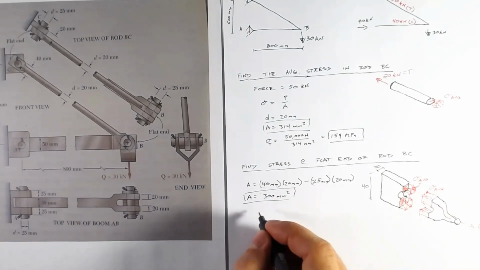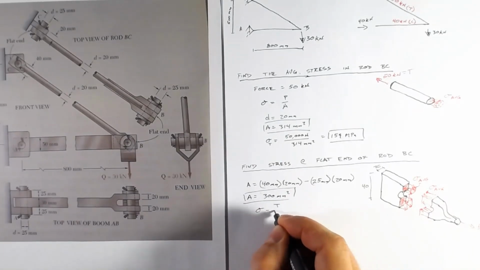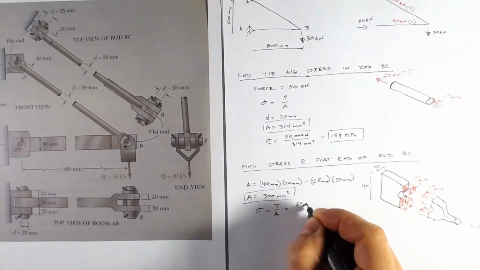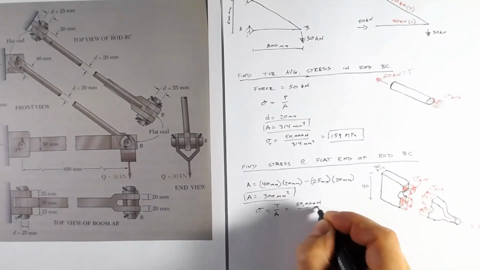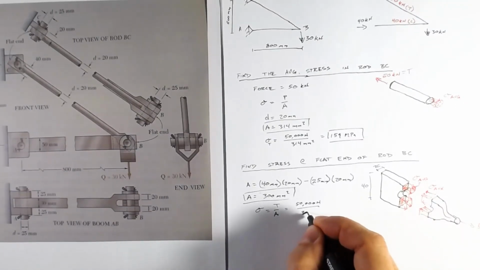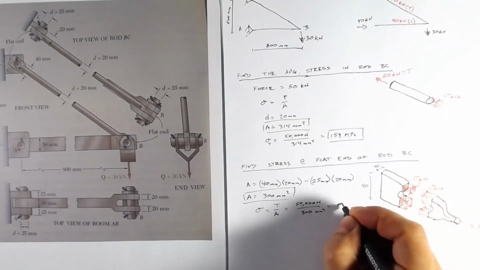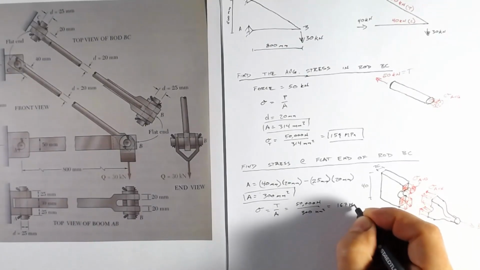So our stress there, tension over our area, equals 50,000 newtons divided by 300 millimeters squared, and that equals 167 MPa.